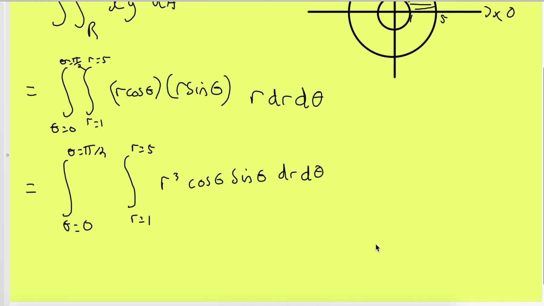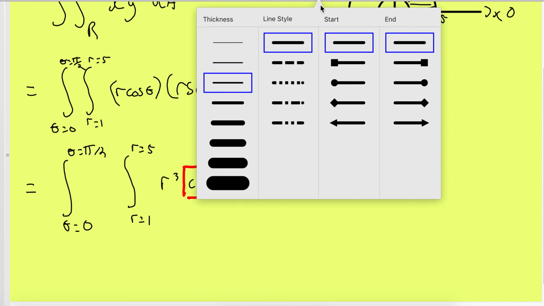Right, same thing though, I spot that I've got a cos and a sine next to each other like that, multiplying. So before I integrate my r's, I could integrate the r section just now if I wanted, but I'm not going to.